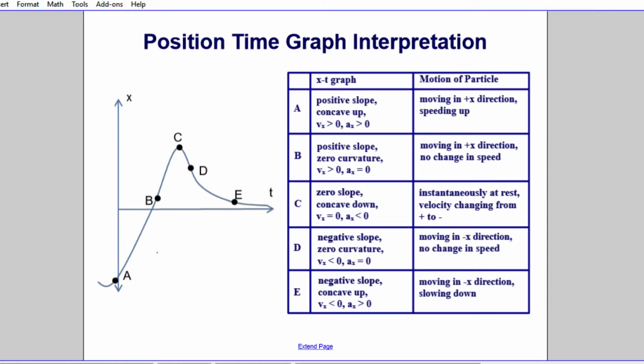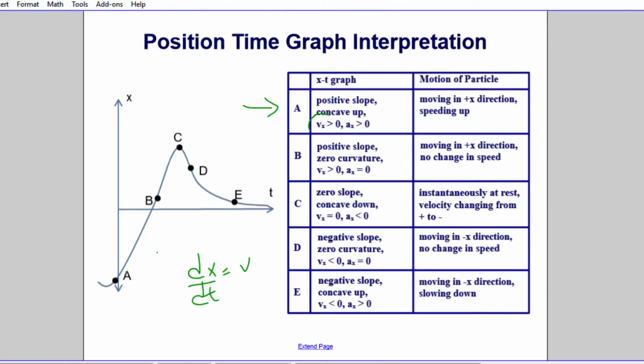Well, we have the table over here, and on the position time graph, point A, it's positive slope, and it's concave up. So you may have seen this in your calculus class when you did graphical analysis, or maybe you haven't gotten to it yet, so you're seeing it here for the first time. The slope of the line on a position time curve, well, that's dx/dt, and that is the velocity.